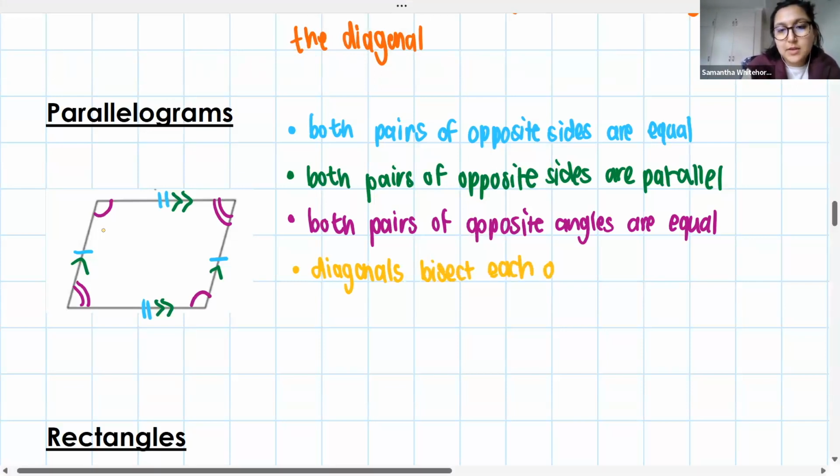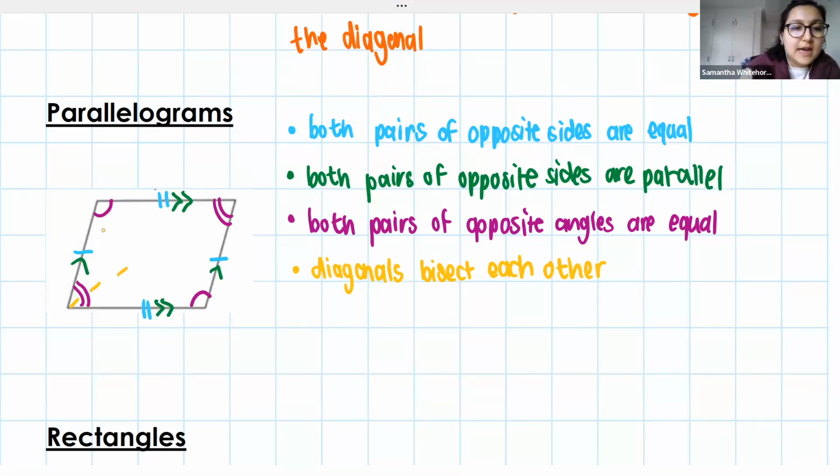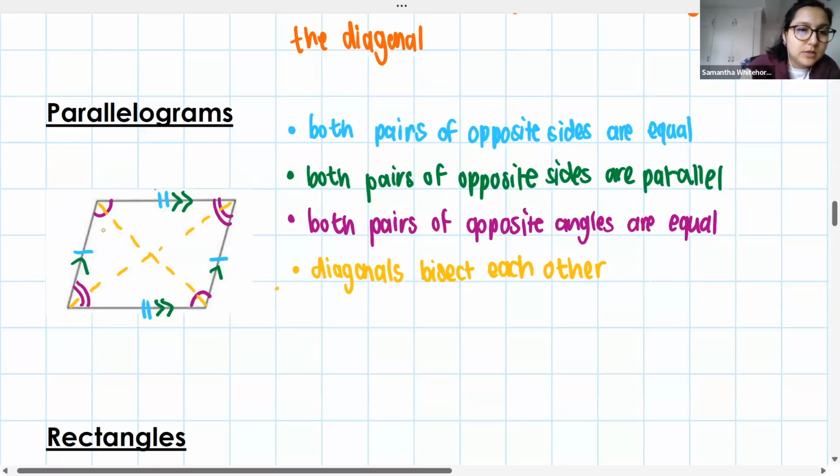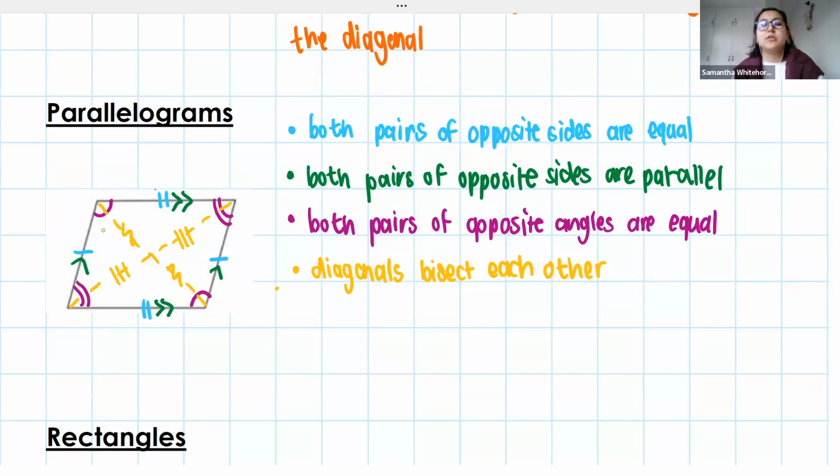So guys, unlike the kite where only one diagonal is bisected, in this case, they actually cut each other in half. All right, so this diagonal gets cut in half. Let's try that again. And this diagonal gets cut in half. So the diagonals bisect each other.